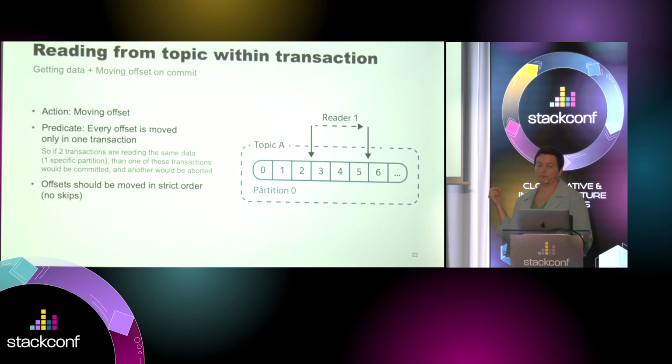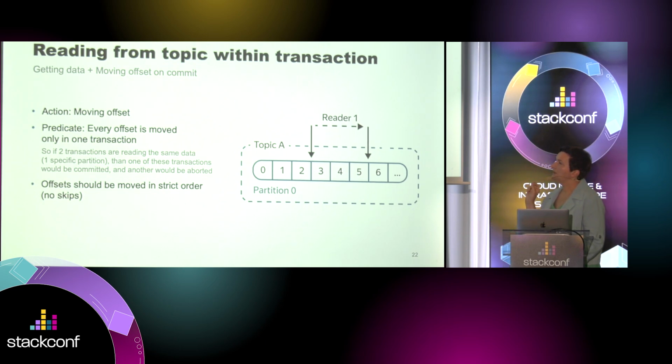Getting data from a topic doesn't require transactions because data in a topic is immutable. When you read something from a topic, previous information doesn't disappear. It lives until TTL ends.